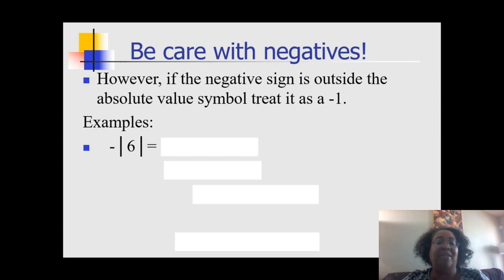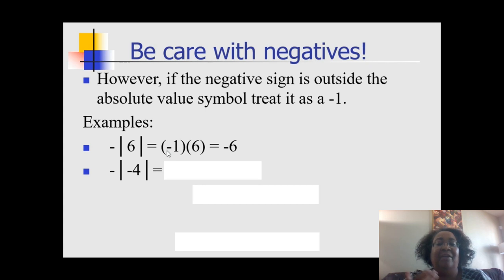But when I multiply that by a -1, I'm going to get an overall answer of -6 because the absolute value part is just the whole number 6. But this negative indicates that you have a -1 here.